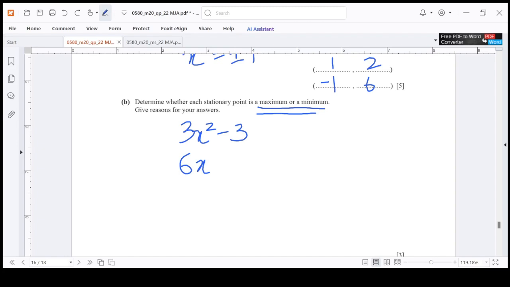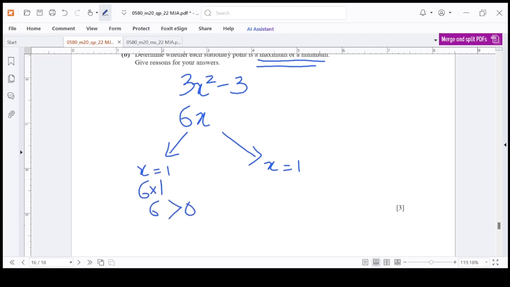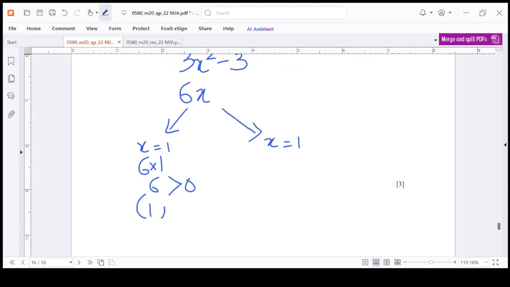In the second derivative, you plug in 1 first and minus 1 later. When x is 1, we get 6 times 1, which is just 6, which is a positive value, greater than 0. If it's positive, that means this turning point, 1 comma 2, is a minimum.